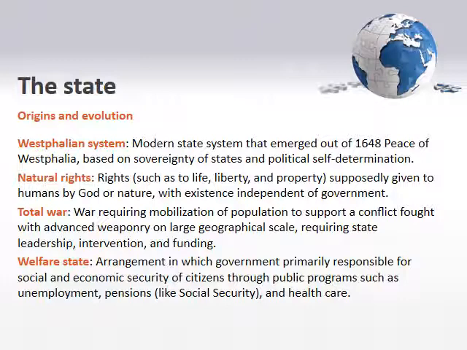They're in control. Individual states are entitled to political self-determination. They shouldn't be overly influenced by external empires or religious leaders. And of course, the idea here is that this would create greater stability than what existed during this long period of conflict.